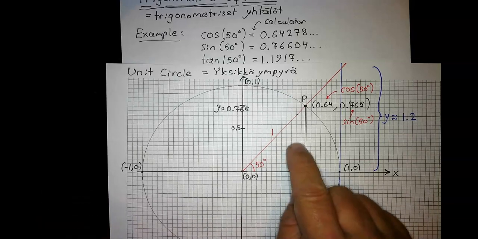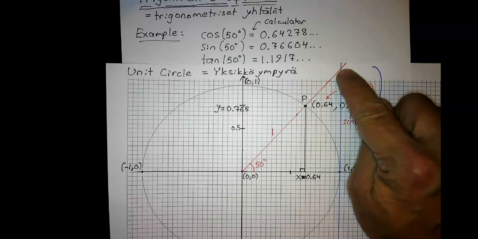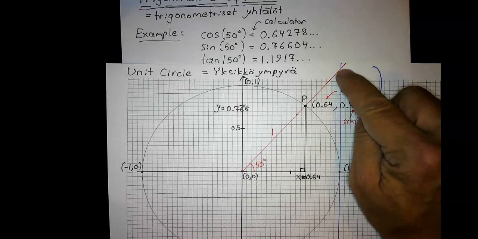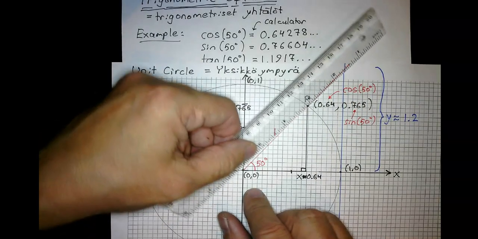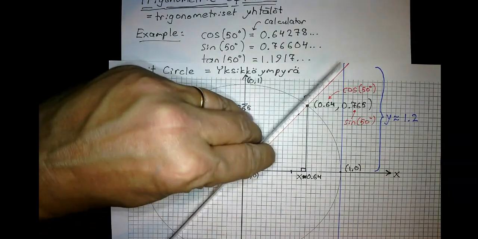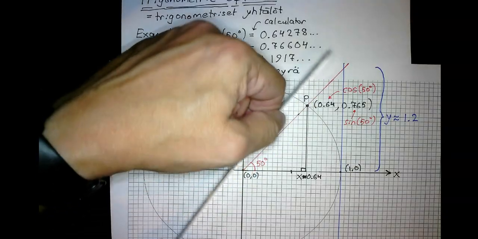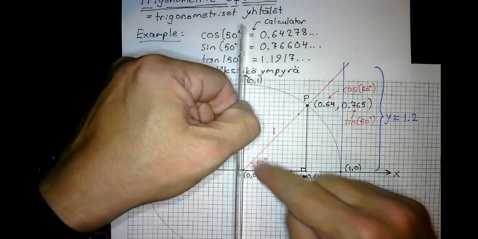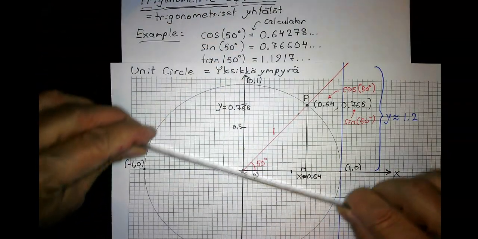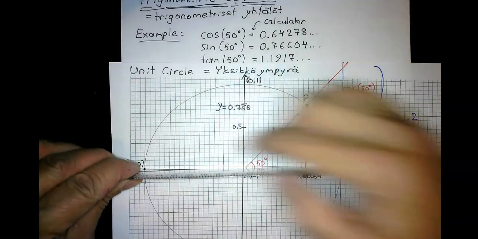How about tangent? We saw that this 50 degrees had a tangent point there. If we continue rounding this angle, now it is 90 degrees. We continue it. Now we have rounded 180 degrees.